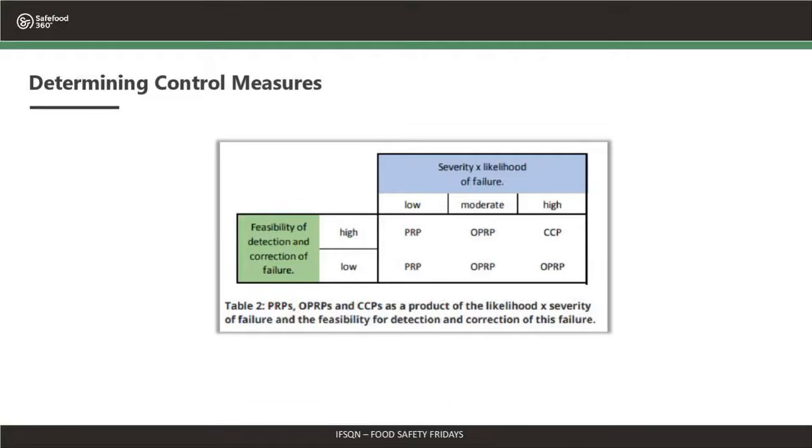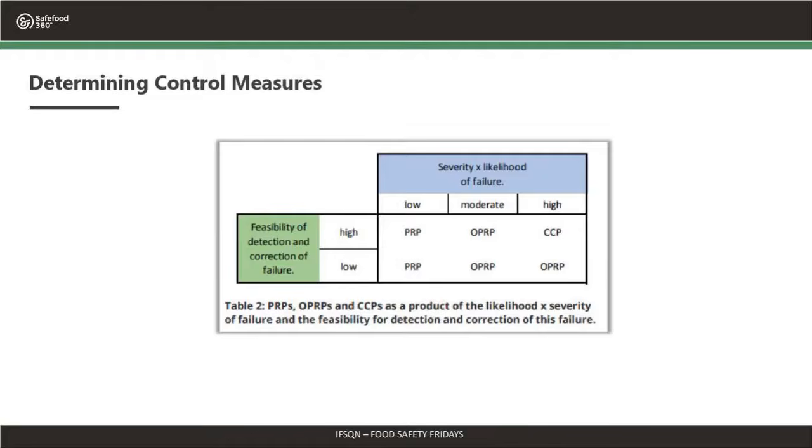So again, referring back to our example before, it's temperature control on receiving and storage of raw milk. Failure doesn't necessarily lead to an unsafe product because we'll be pasteurizing later on.